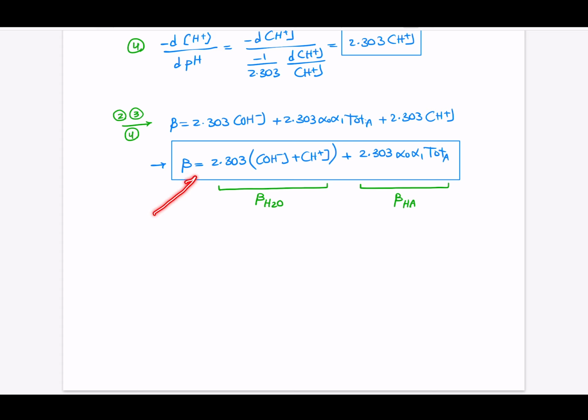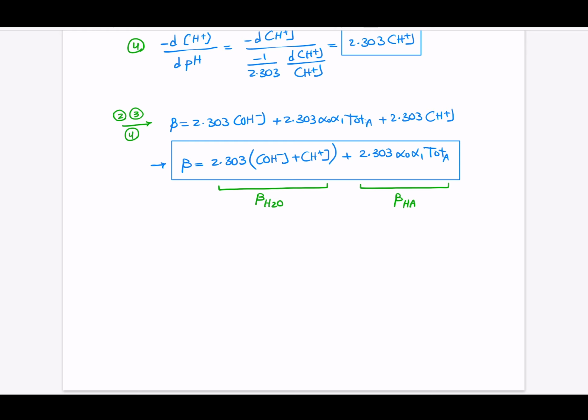But now here we already have an equation as a function of pH and the features of the acid to directly calculate beta at any pH. So now we can predict that and we can construct the graph basically. As you saw, if we have two contributions, in this case water and a weak acid, the overall is basically a combination of the two.